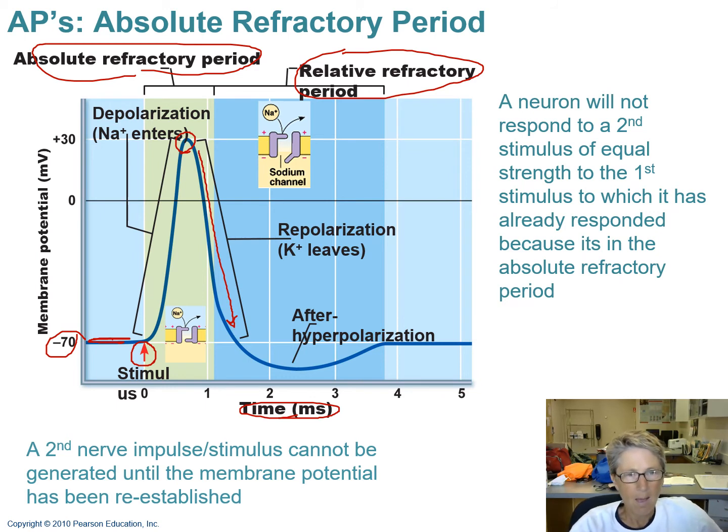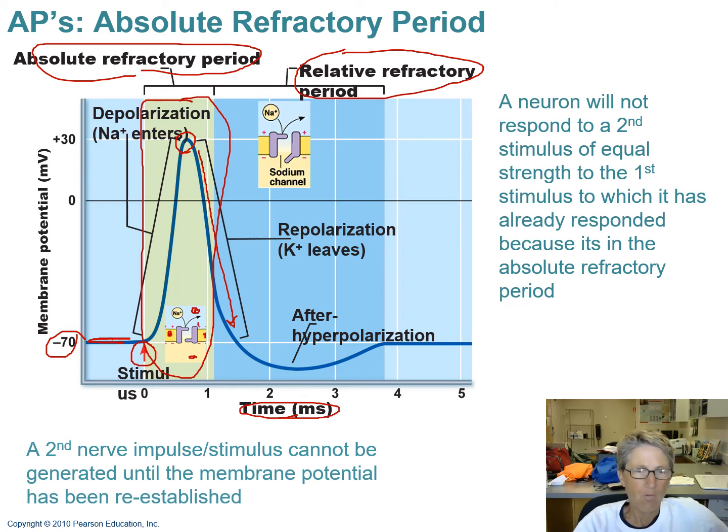Refractory just means that you're refractory to responding to something. In the absolute refractory period, that's this green section right here, the sodium gates are closed. So here's a picture. Let me back up. This yellow stuff is the plasma membrane. Here's the outside of the cell in blue. Here's the inside of the cell, the ICF.